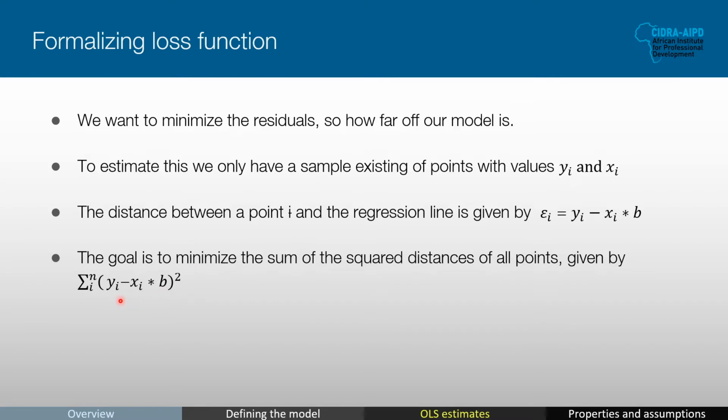But the important thing to remember is that for each point i, we're going to look at the measured dependent variable, which is y_i, and the estimated dependent variable, which is the value for x times this b, which is the estimation we have for beta. We're going to be squaring this, and we're going to add up for all the observations that we have available to us. This is the total loss function, or the total squared error of the model. This is the thing that we want to be as small as possible.